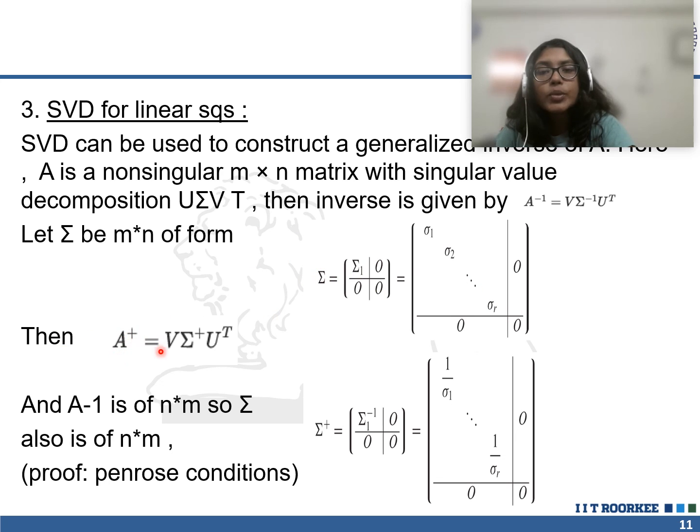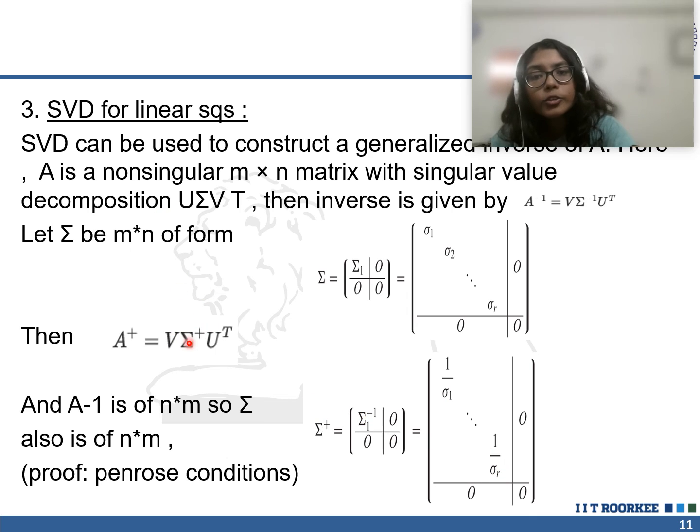Then the pseudo-inverse of A is given by V sigma pseudo-inverse U transpose. First, you decompose A into U sigma V transpose, getting U, sigma and V, and then you write A inverse as V, sigma inverse, U transpose. What is sigma inverse? Instead of writing sigma 1, sigma 2, up to sigma r, you write 1 by sigma 1, 1 by sigma 2, up to 1 by sigma r.